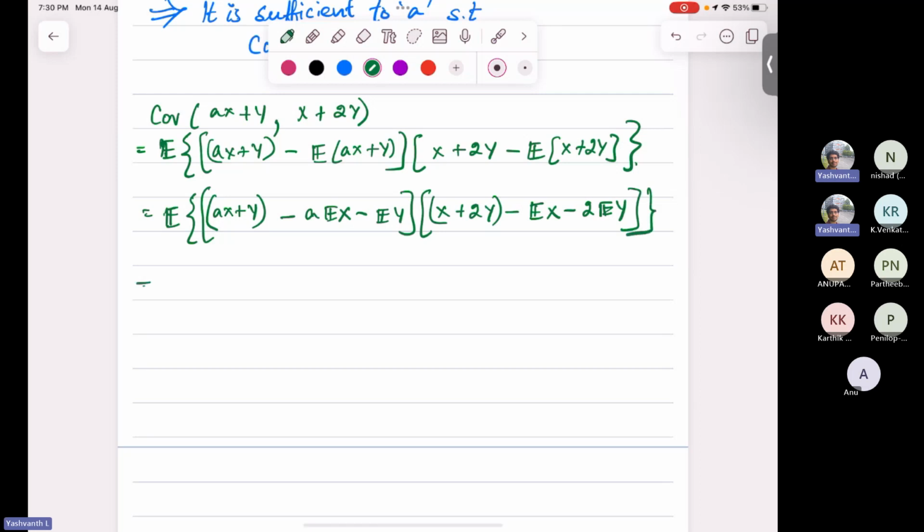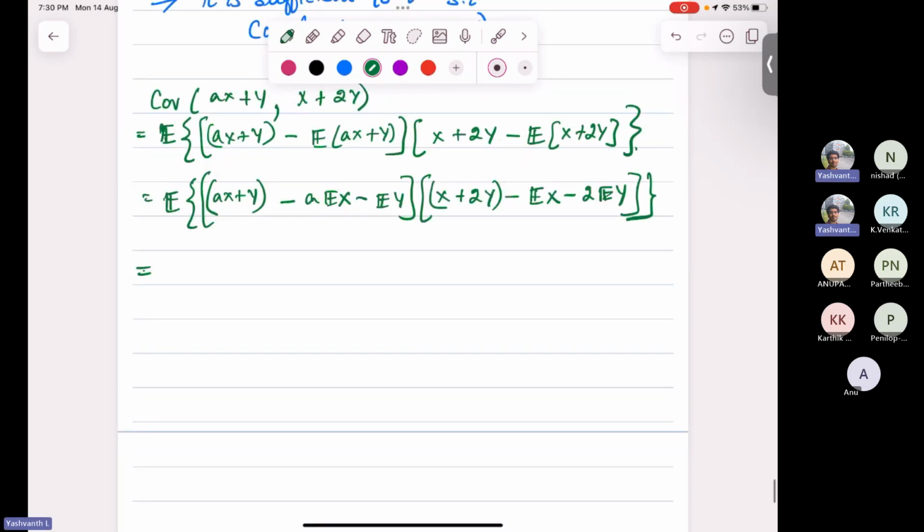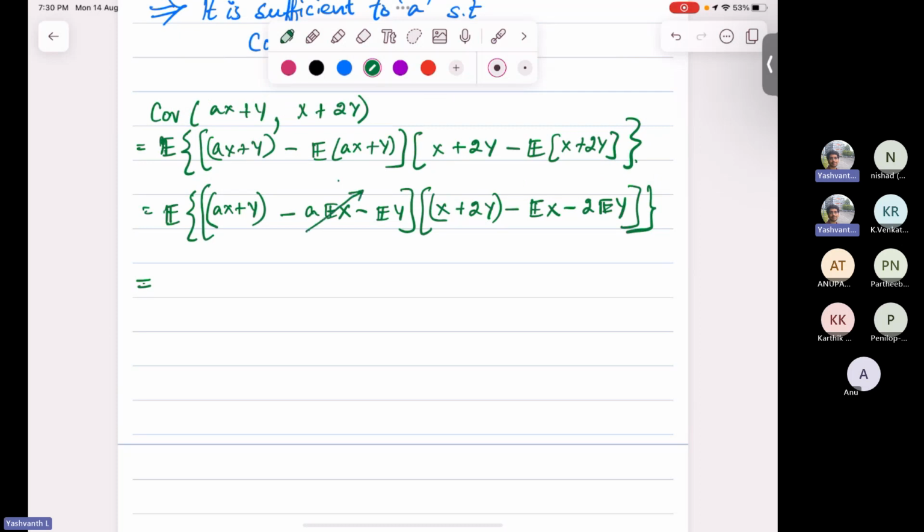Now this term is equal to 0 because the expectation of x, mu x, is 0. Similarly, this is also 0. This term is minus 1, and this is minus 2, because mu y is minus 1. So you can simplify this as the expectation of ax plus y plus 1, times x plus 2y plus 2.